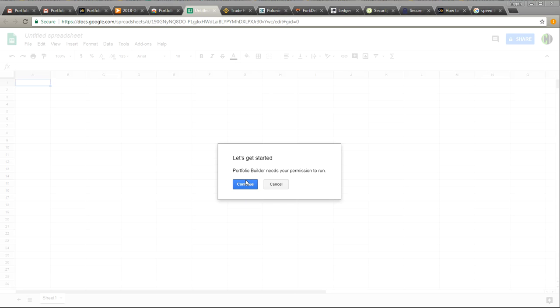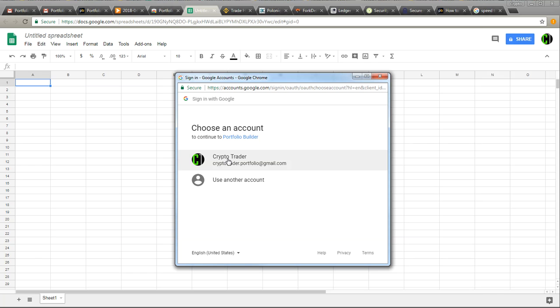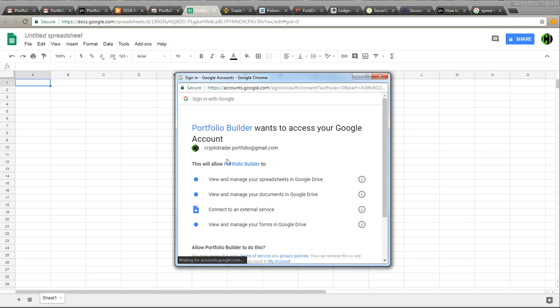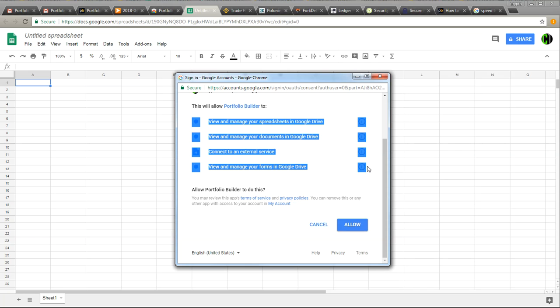Portfolio Builder needs your permission to run. Just click Continue. You're going to need to re-log into the Gmail account that you signed up with. Scroll down, select Allow. And you can look at what this will give the app access to.